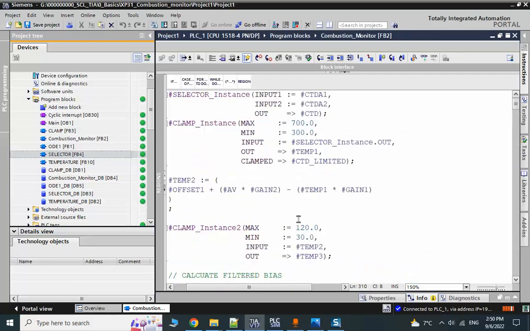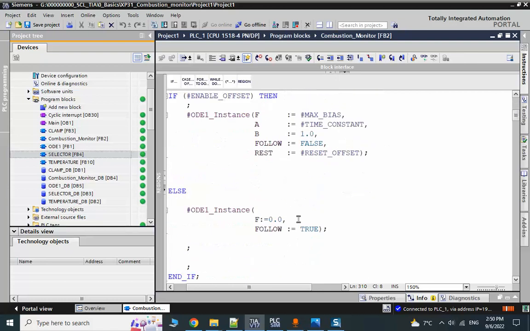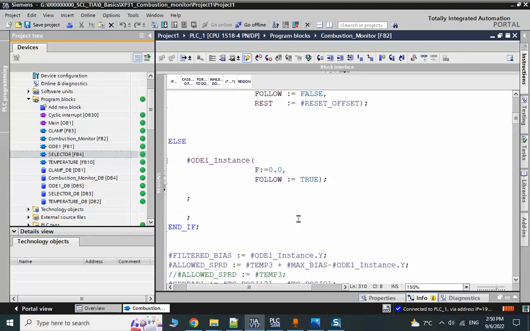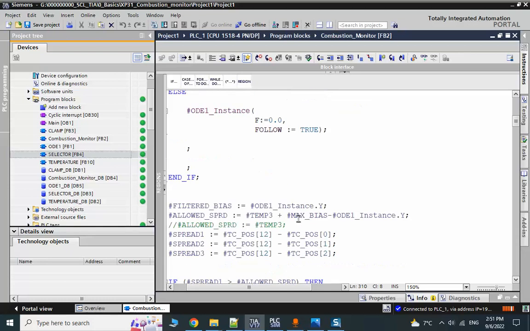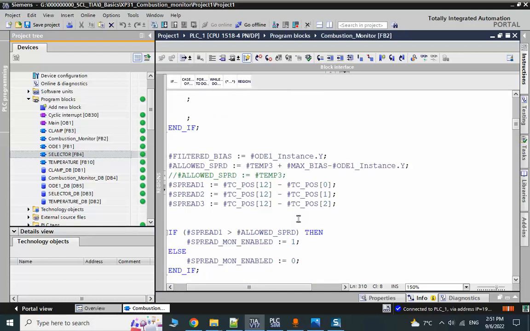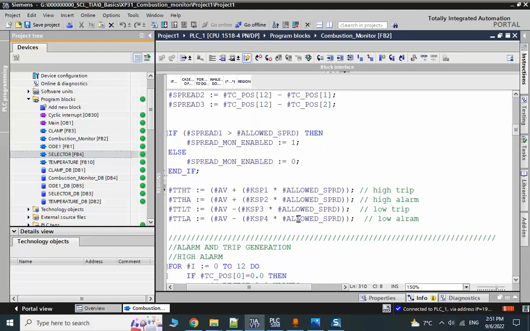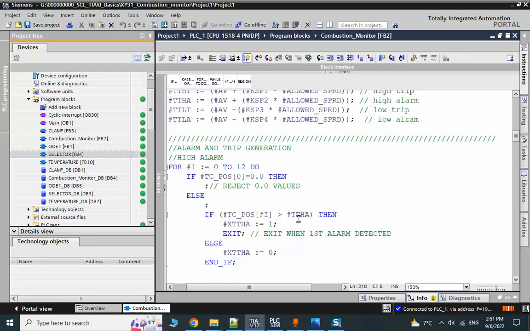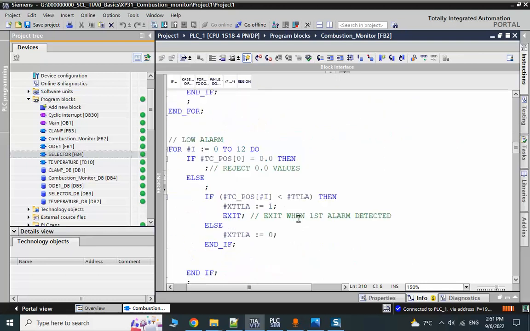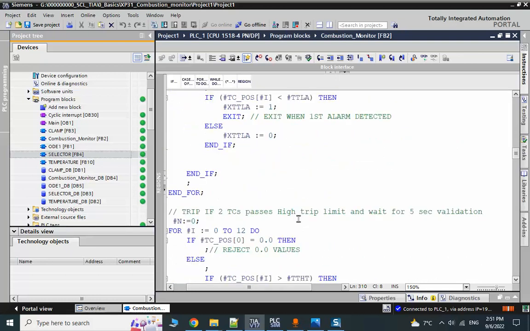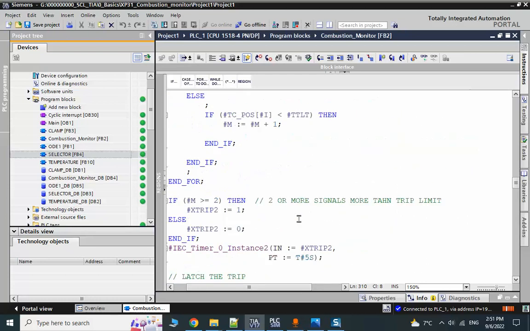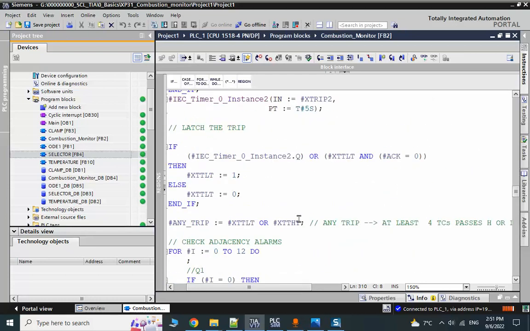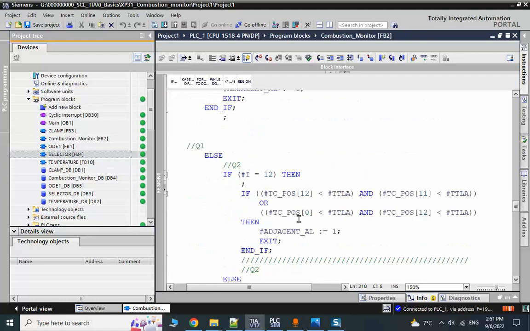It's a pure calculation, array manipulation, and we use some of the function blocks that we developed in the previous lessons, and we just assembled our thoughts, and this is somehow similar to an actual program that is working in a real industrial gas turbine.